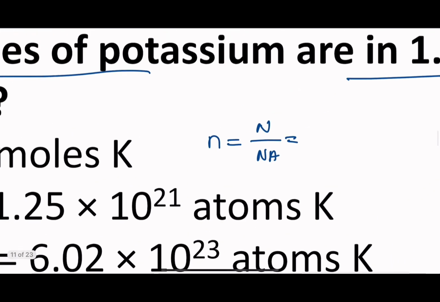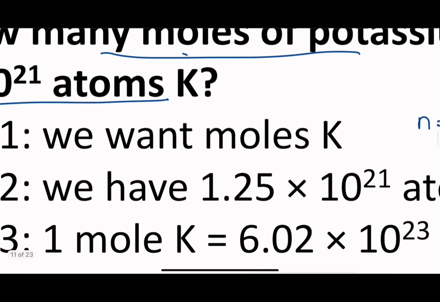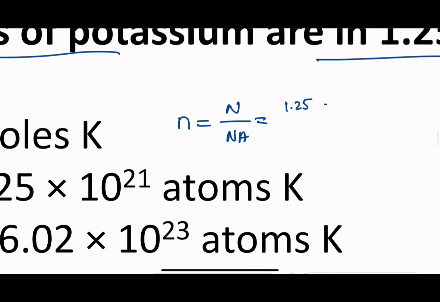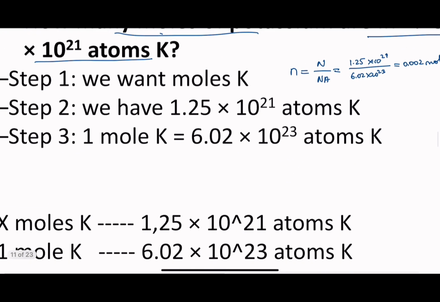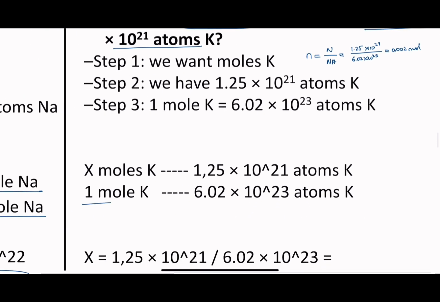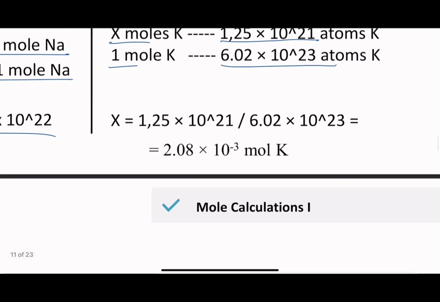And then it is given to us that 1.25 times 10 to the power of 21 divided by 6.02 times 10 to the power of 23, it'll be 0.02 moles. And then you can do the proportion again. 1 mole is this many particles, and this many particles is x moles, and then you can get the answer over here too.